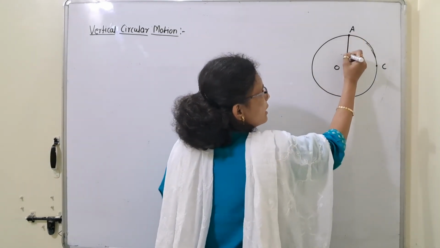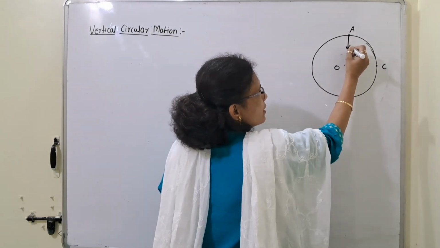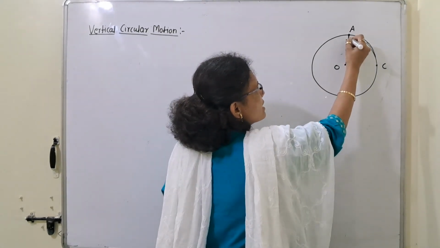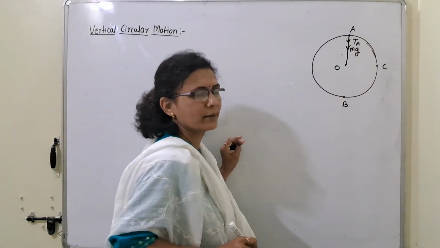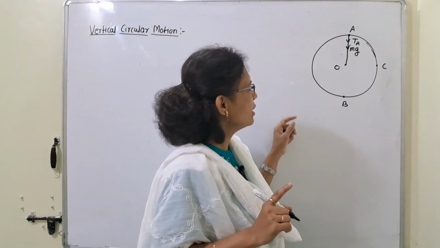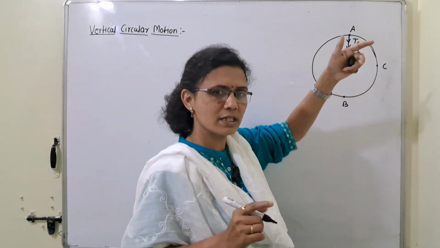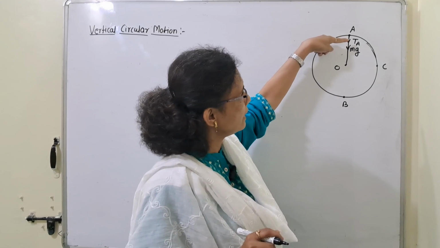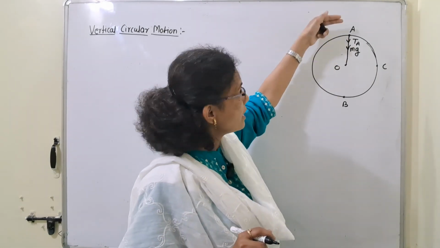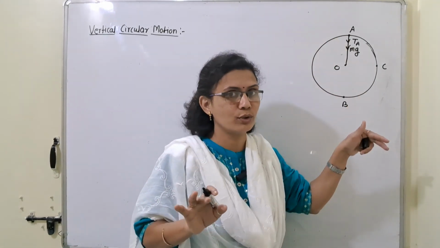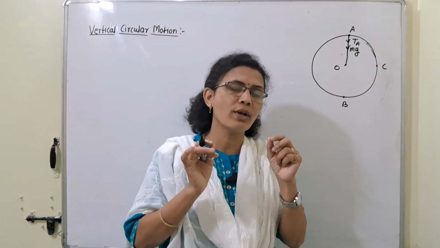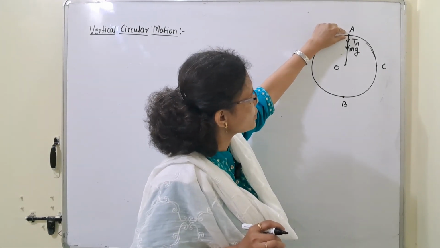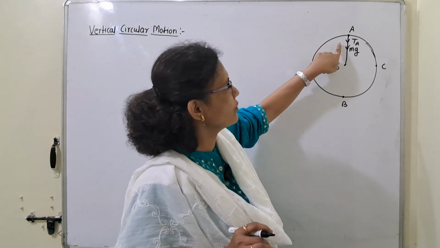First, the weight force mg, which is acting in the downward direction, and another force, TA, the tension in the string. One force, the weight mg, is always in the downward direction, and the other force, tension in the string TA, will also be in the downward direction, away from the body. In previous lectures, I have told you that tension in the string always acts away from the body. We have considered this body at position A, and away from that body, tension will act.